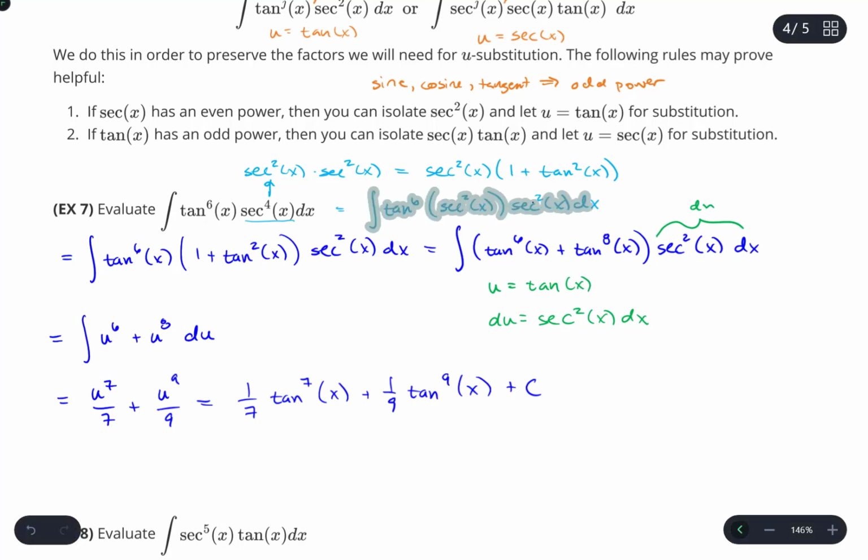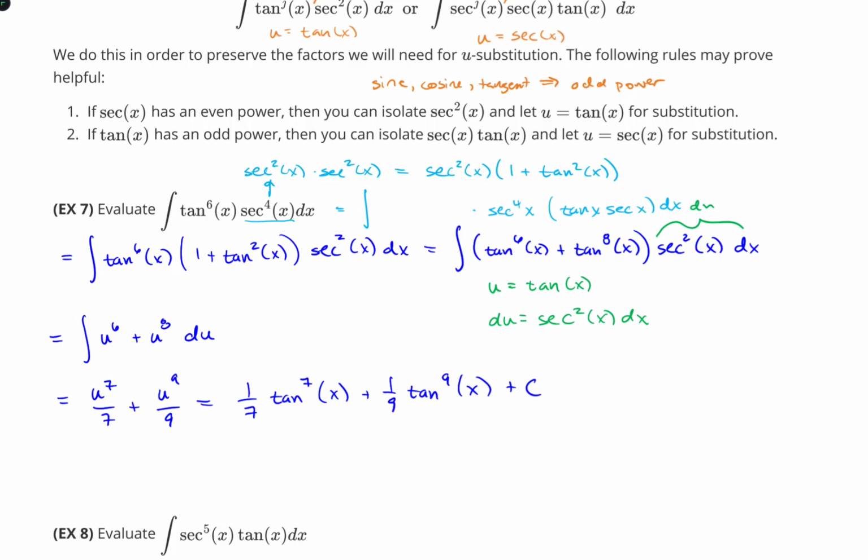So that will all work out. If I had tried the other route, then ultimately what I'm going to need is a factor down the road here of tangent x times secant x dx. So secant to the fourth I would be leaving alone, which means I'd have to break down this tangent of x in such a way that I would have written this as secant to the third, because secant to the third times secant x would be my secant to the fourth.